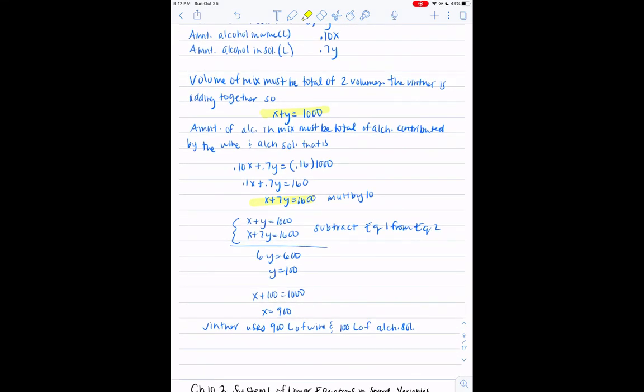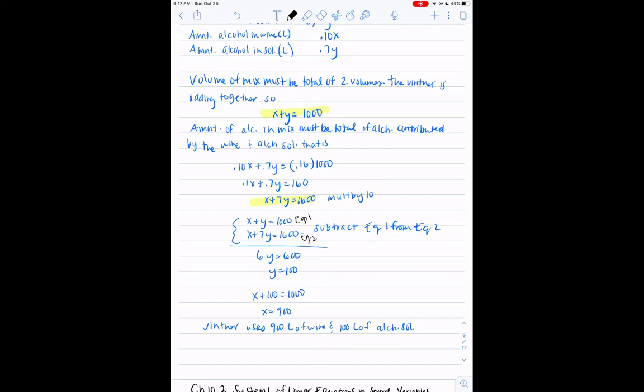So I'm going to go ahead and subtract equation 1 from equation 2.